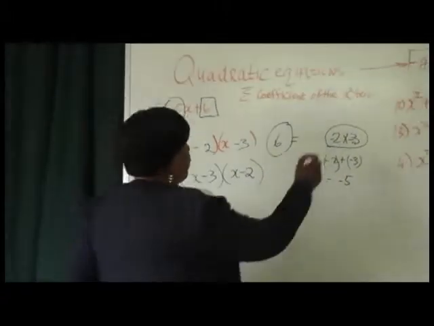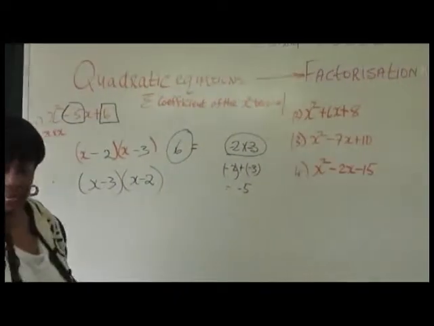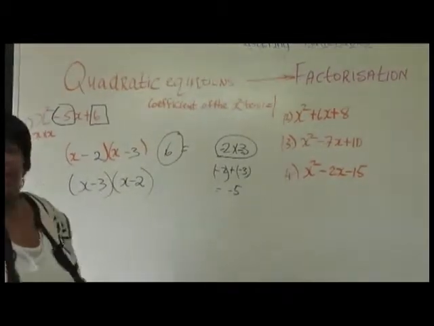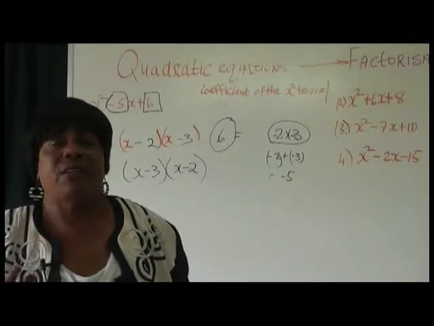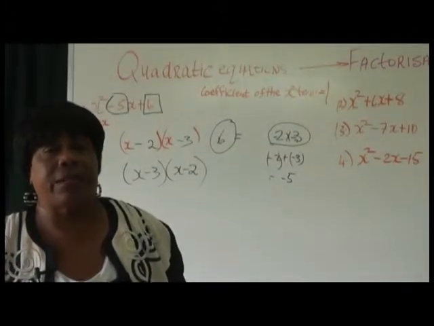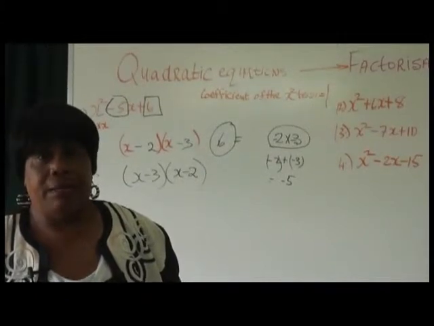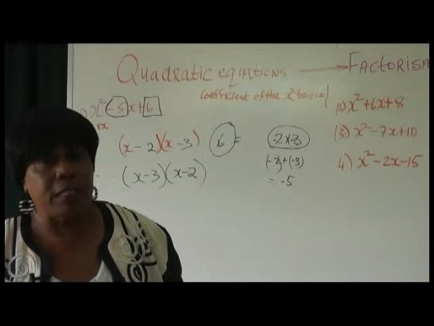So we are showing you first the factorization of quadratic equations where the coefficient of the x squared term is equal to 1. That is what we're doing. It has a coefficient, but that coefficient is 1. And teachers, this is where the delight comes from. You're doing something. It does not mean that because the textbooks are telling us without a coefficient, they are correct, okay? Mathematics, again, we say is a discovery subject.